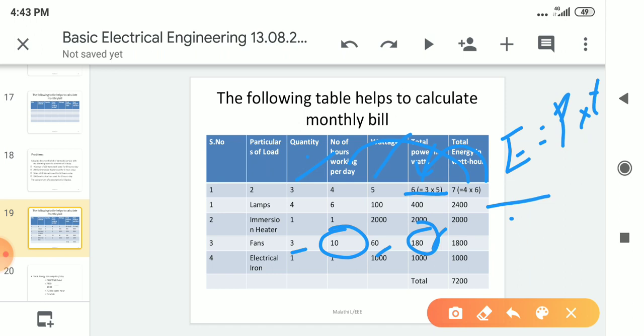After that, 1000 into 1 gives 1000. After calculating all this, we take the total, then we will get the final answer, 7200. If we do the calculations in this table perfectly, then it is very easy to calculate the amount of that bill.